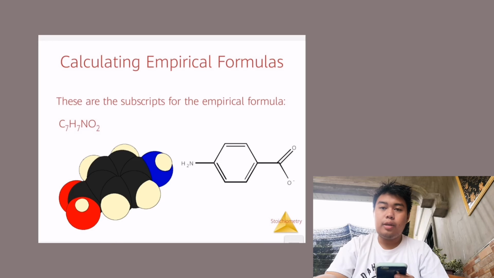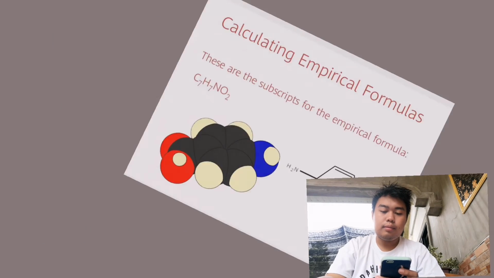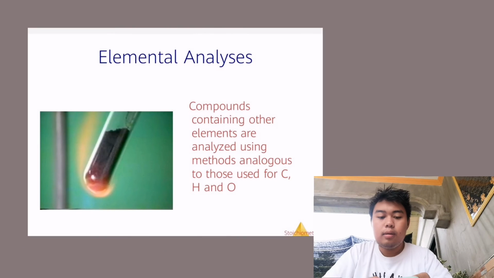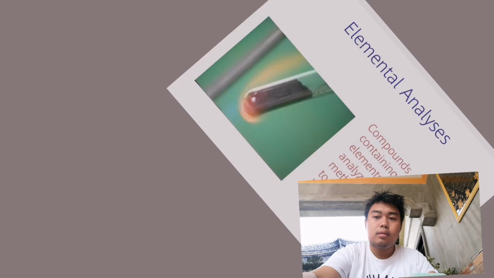Calculating empirical formulas. These are the subscripts of the empirical formula: carbon, hydrogen, and oxygen. Elemental analysis. Compounds containing other elements are analyzed using methods analogous to those used for carbon, hydrogen, and oxygen.